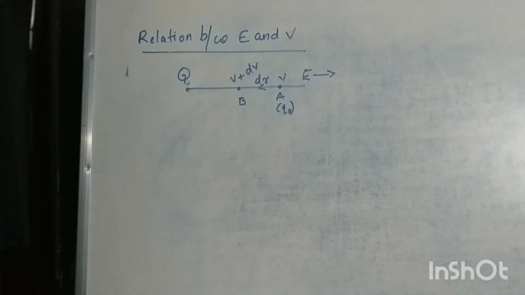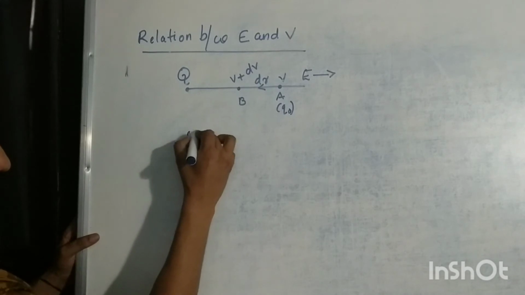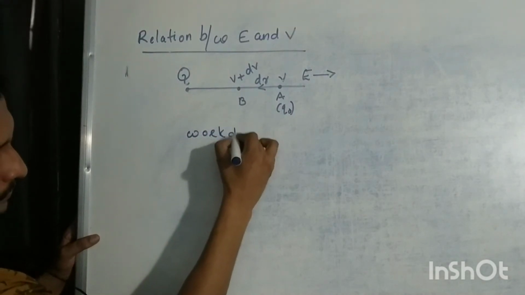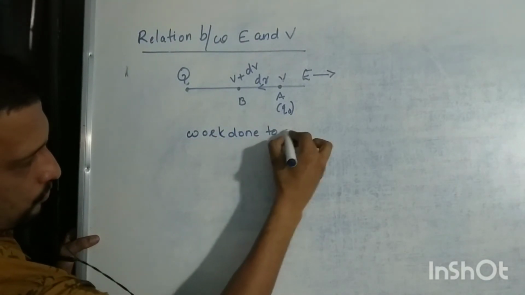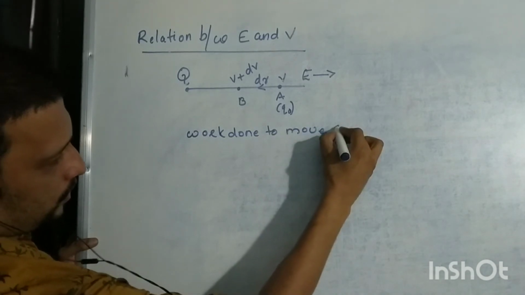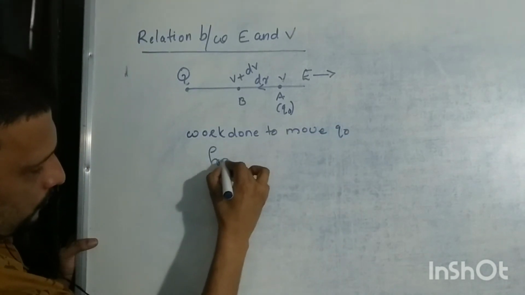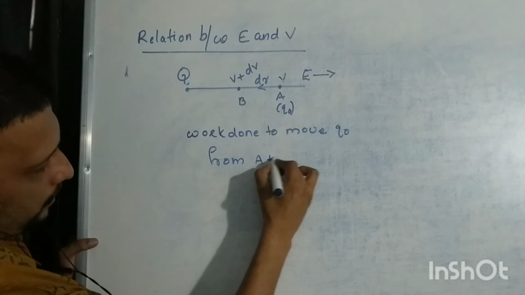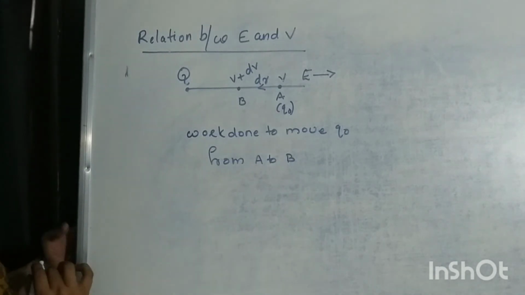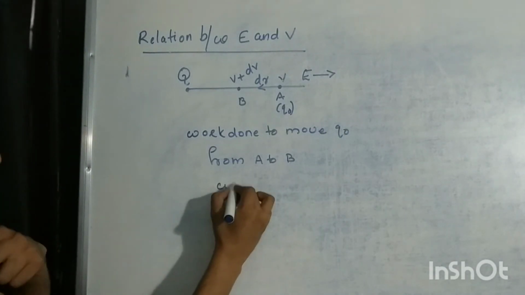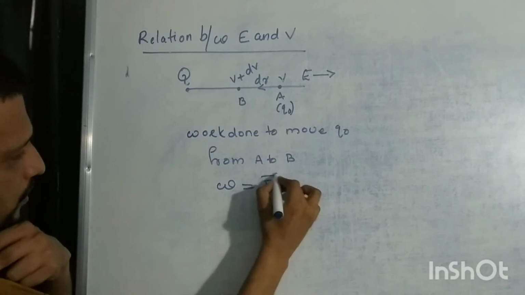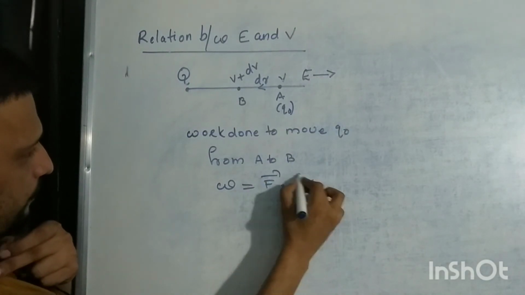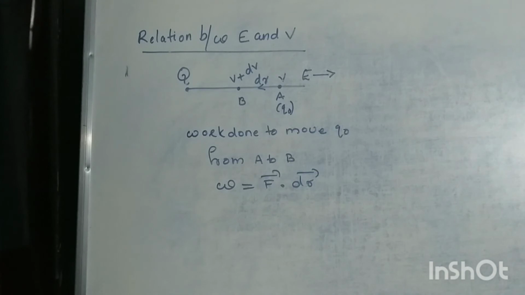If you are calculating the work done to move Q0 from A to B, it can be written as W is equal to F dot dr. So work is a dot product.